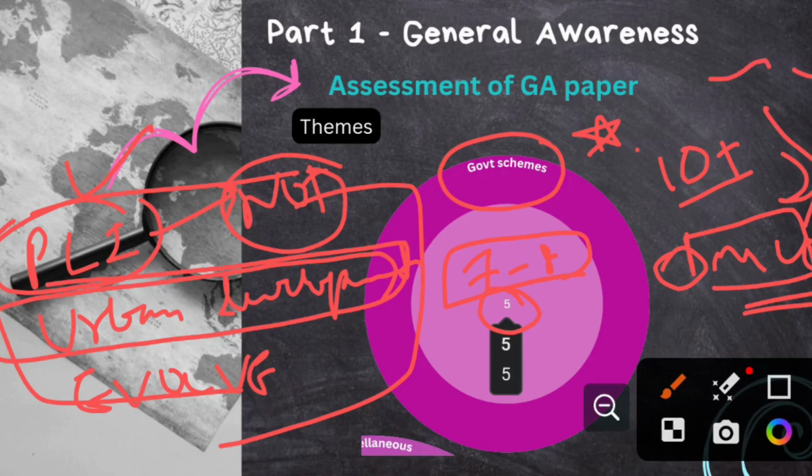Three schemes were there. If you know that all three schemes are related to transformation, but you don't know whether the launch date is the same for them or not, but you have a vague idea that 2015 is the launch date for all three, most people will take the risk and mark all correct, and that is how it was. All correct was the correct answer.